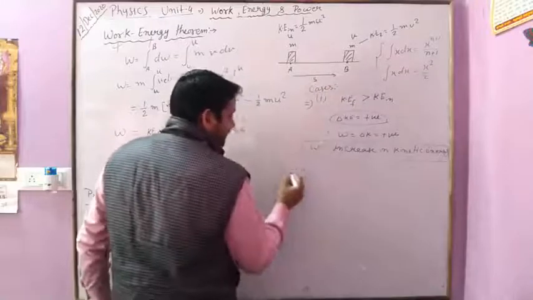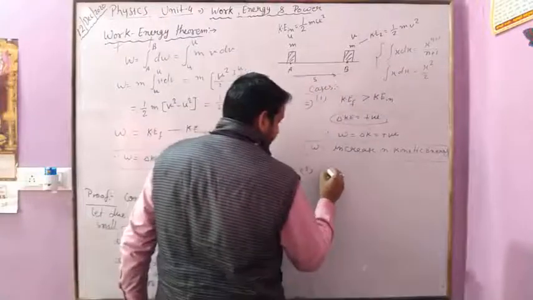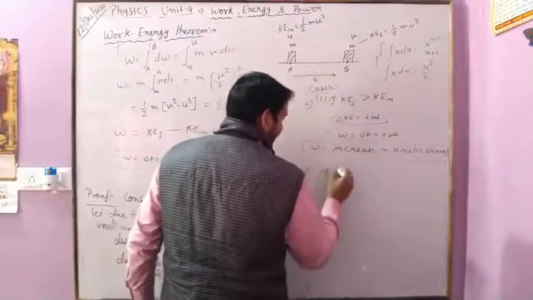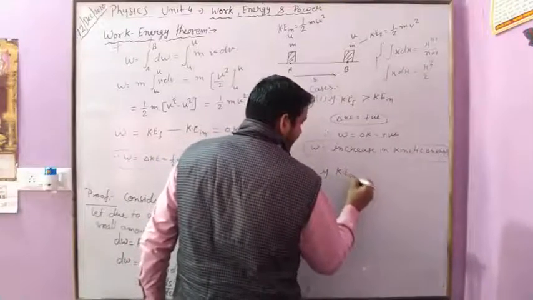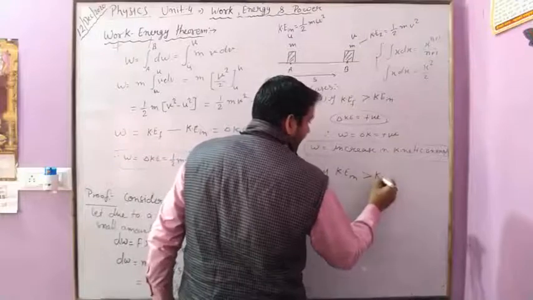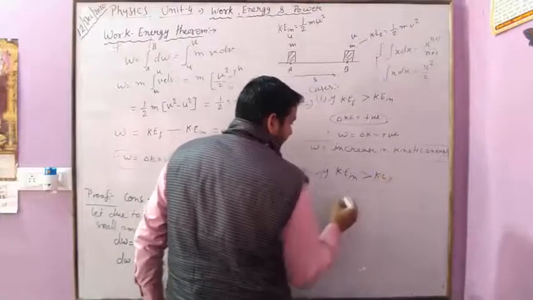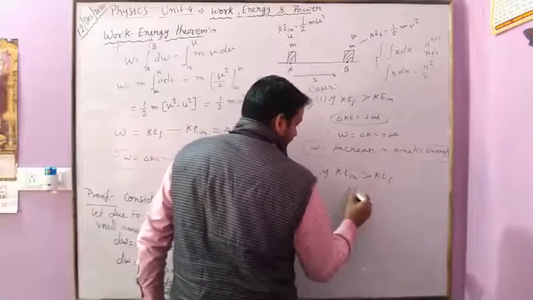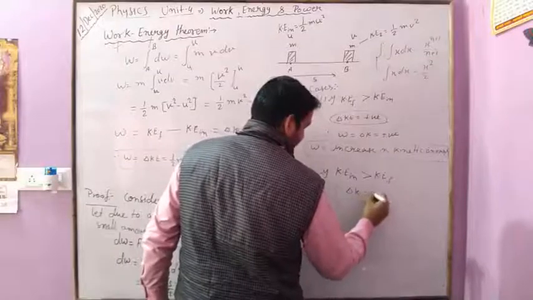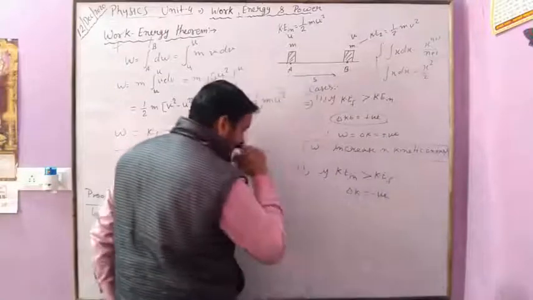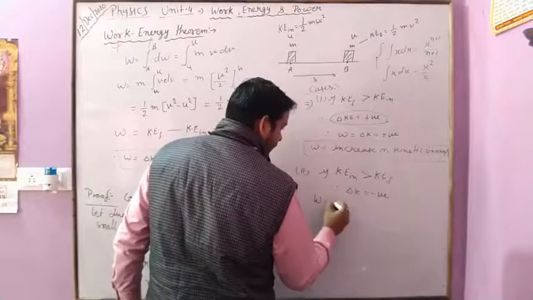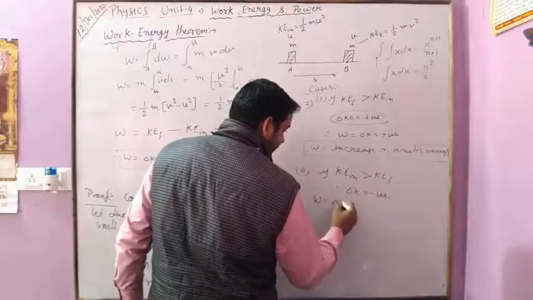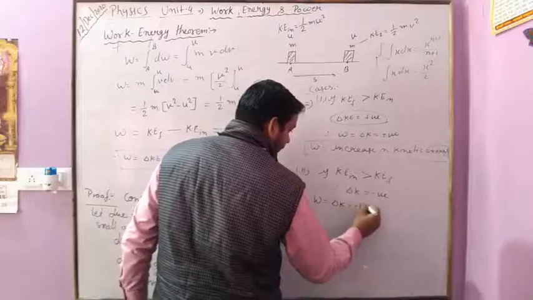Okay, now second situation we have that this is case first, and next we have second case, if kinetic energy initial is greater than final kinetic energy, therefore change in kinetic energy is negative, which gives us work done is equal to del K equal to negative.